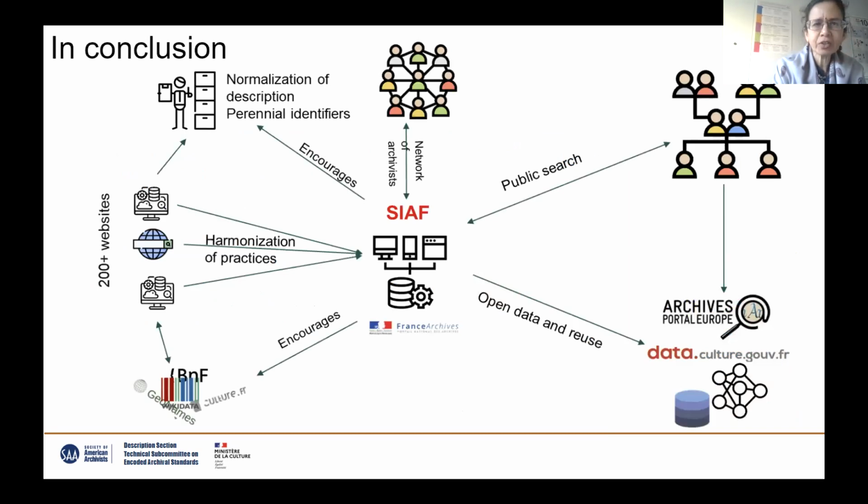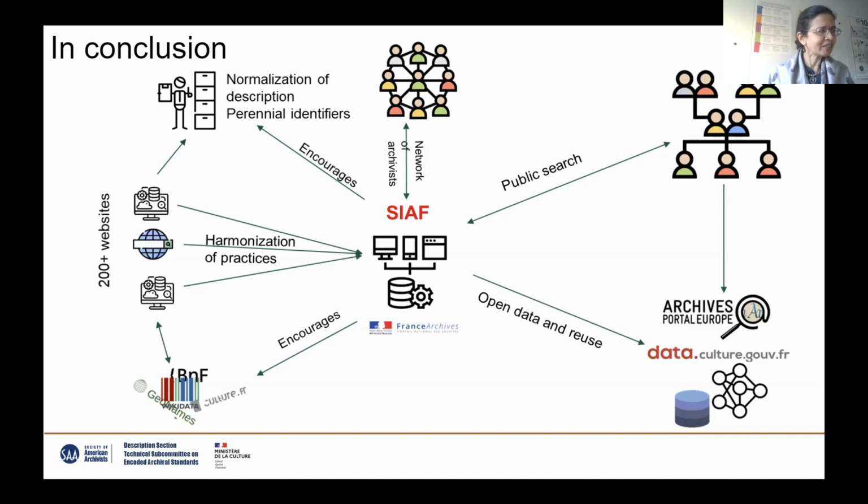In conclusion, from everything said above, there are just a few observations. After decades of no indexing or free indexing or indexing at institution scale, the French archivists have come to the realization that indexing according to shared practices and vocabularies is the best way to offer a quality service to the public and to adapt to the expectations on the web or in reading rooms.